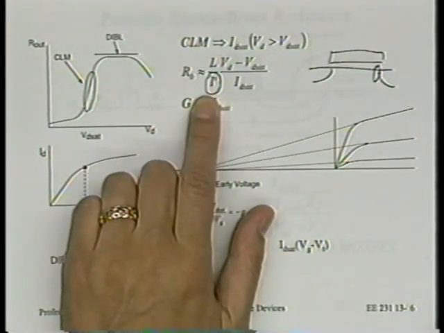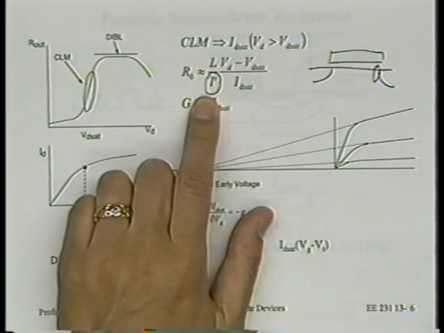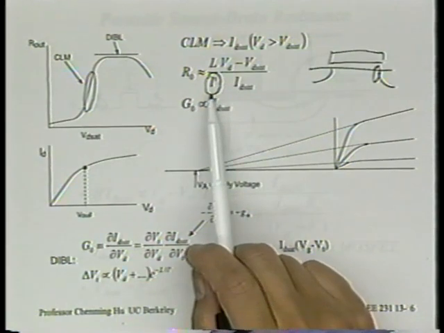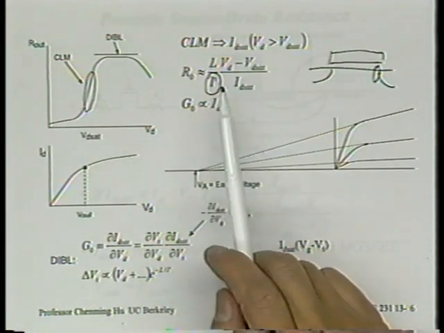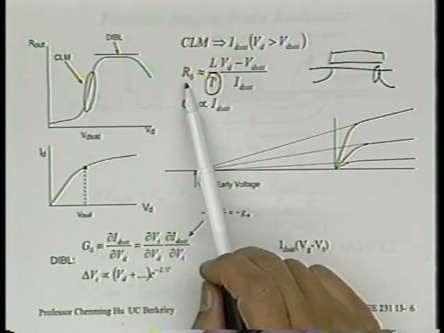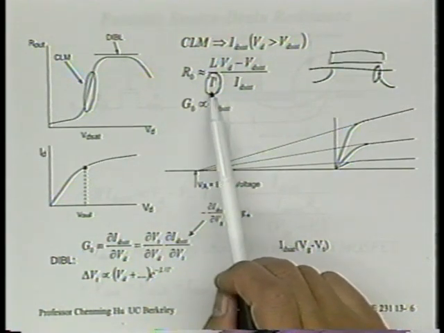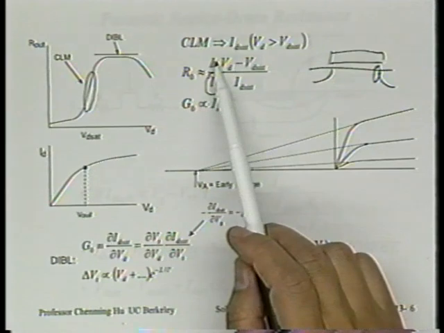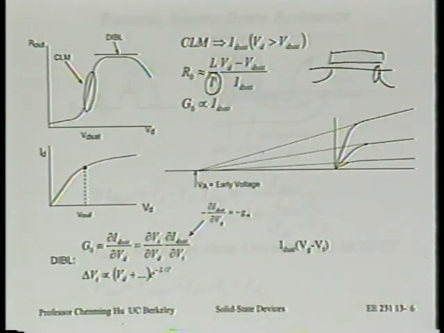And day 1 told us that in order to minimize delta L, we want to use thin oxide and shallow junction. So here we find that to get large R out, we want small L prime. And in a way, it also makes sense that the ratio of L, capital L, and L prime is important. In other words, the ratio between channel length and delta L is important.